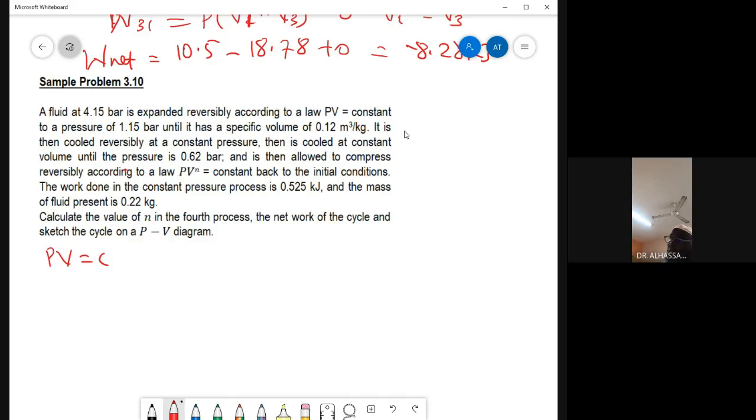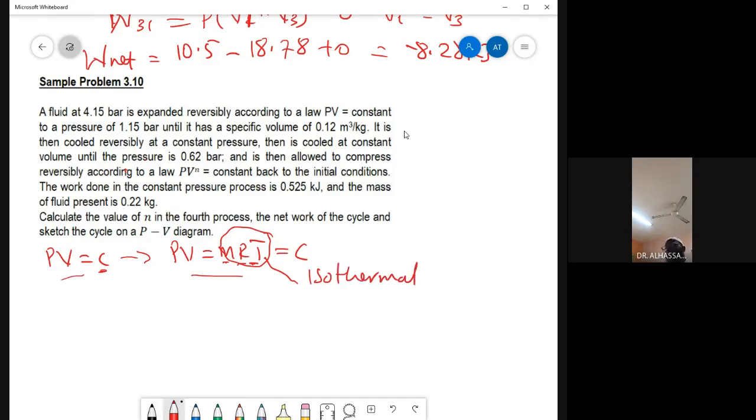It implies that if you look into the ideal gas equation, PV equals mRT. Comparing this equation, for it to be constant, m must be constant, R is constant, then T also has to be constant. So the whole of this has to be a constant, and if the whole of this is constant, it means the process is isothermal.